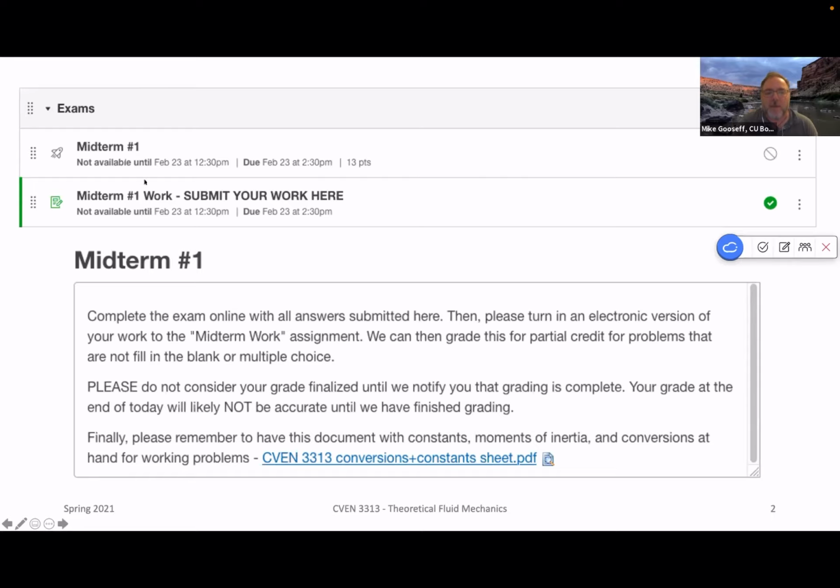And I can't find a way for you to submit something to the same place where you're going to put your answers and work through the exam itself. So I created this other assignment essentially, and it's not going to be graded at all. It'll show whether you've done it or not, but whatever PDF work you do, whether you write and take a picture of it, or whether that's hard copy or whatever, the PDF of whatever you do can be submitted there.